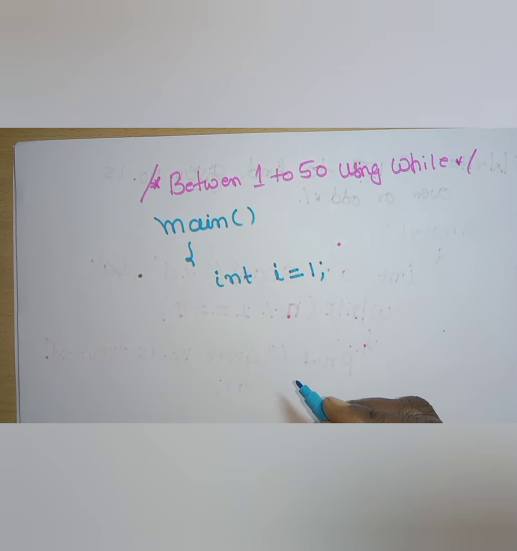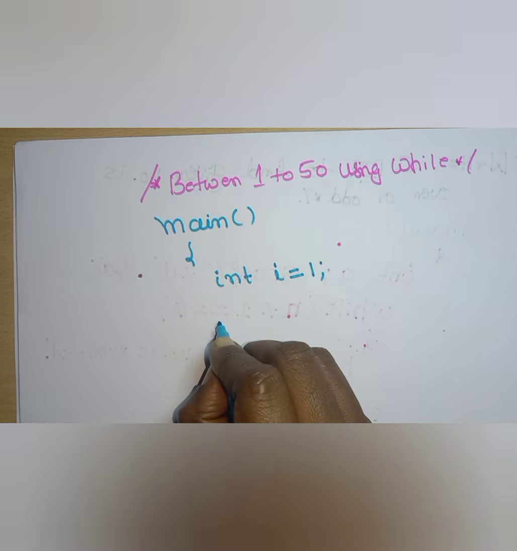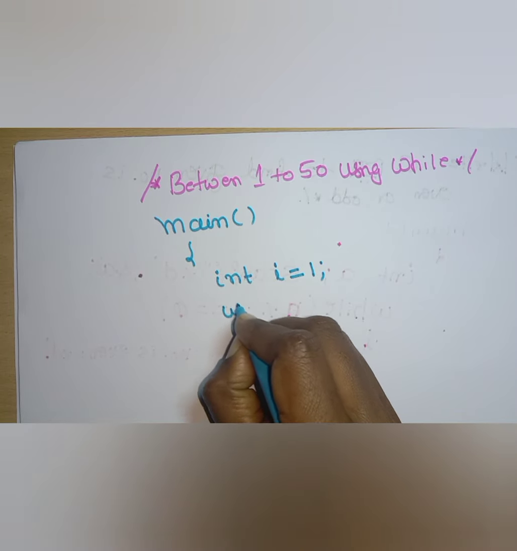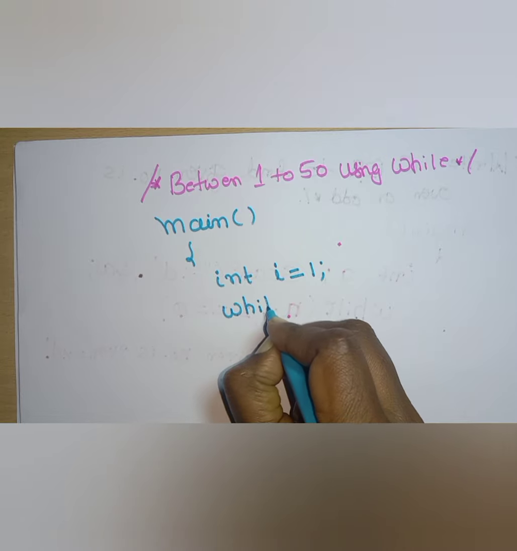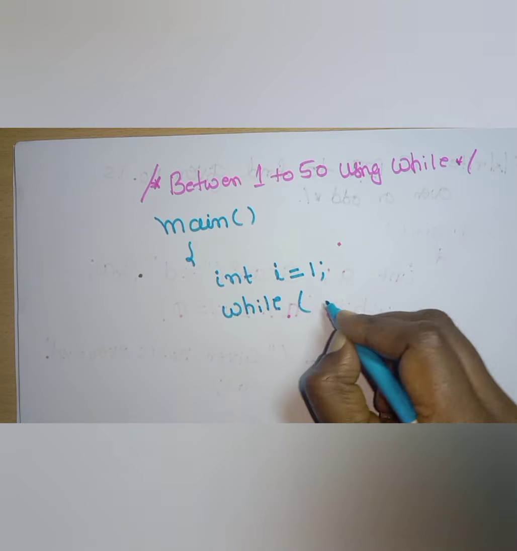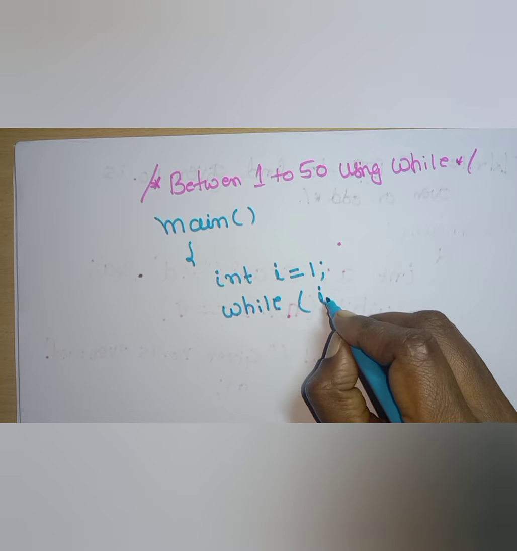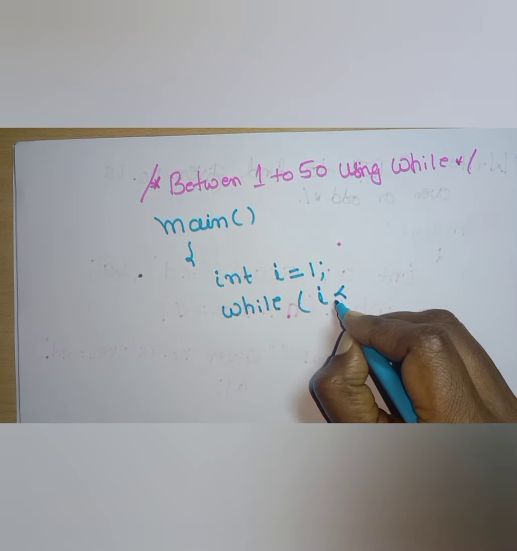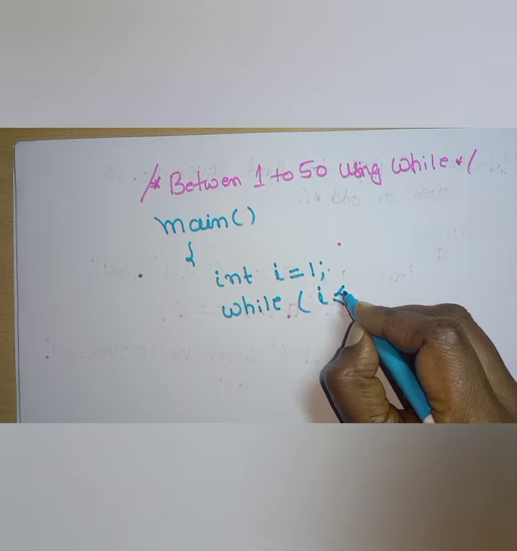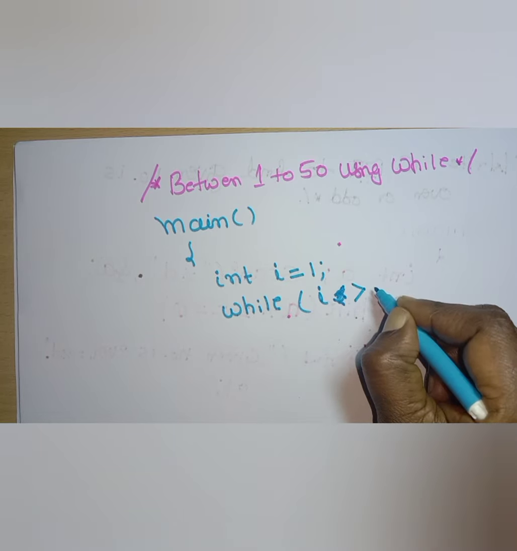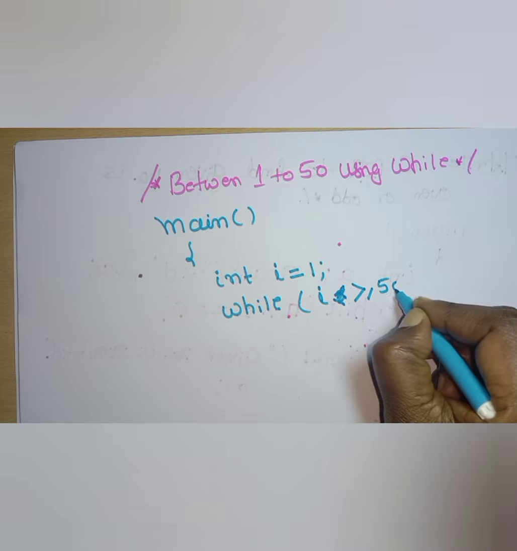While I check how many numbers I want, 50, here you write i is less than or equal to 50.